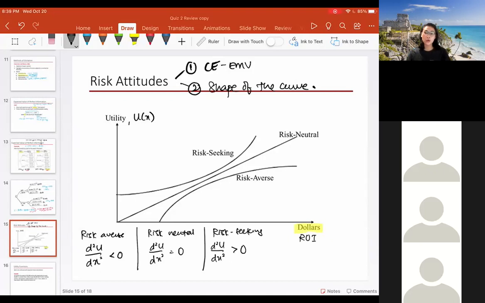The more your ROI increases, the more you're willing to take the risk, but this varies linearly if you're risk neutral. However, if you are risk averse, somebody is going to have to pay you money to take that initial risk. This value over here is your CE, the certainty equivalent: the amount of money you have to be paid to be certain that you want to take the risk, to be certain that you're going to get the ROI.